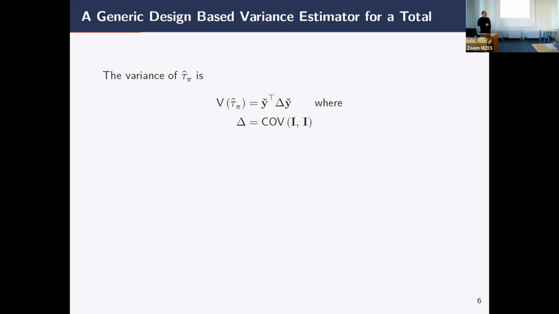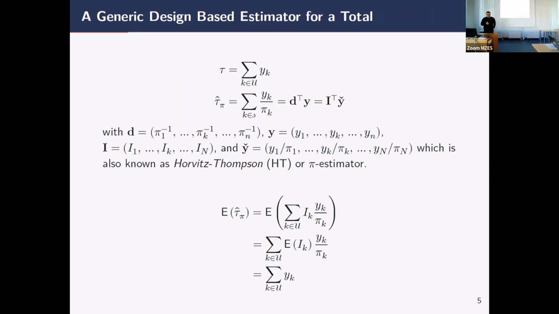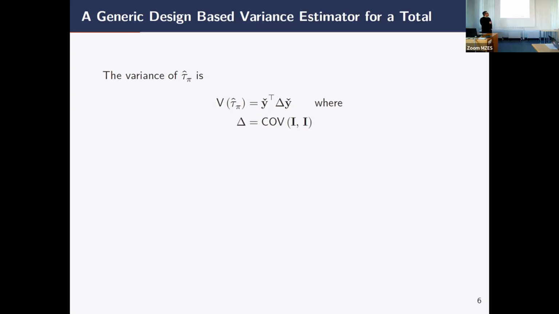And in the middle, I have the covariance matrix of my sample indicator, because that's the only random variable. If I'm interested in the variance of that construct, that's how it would look.